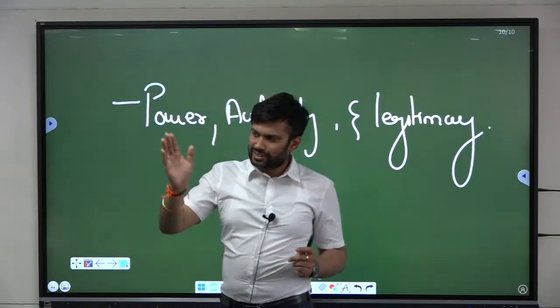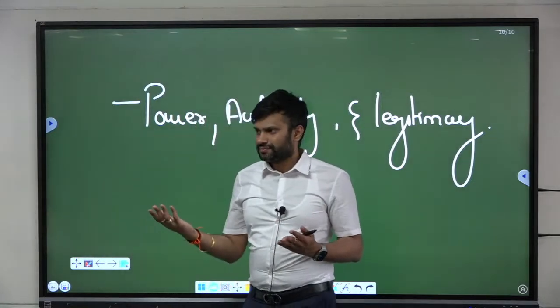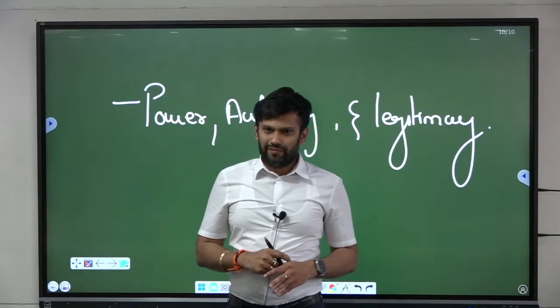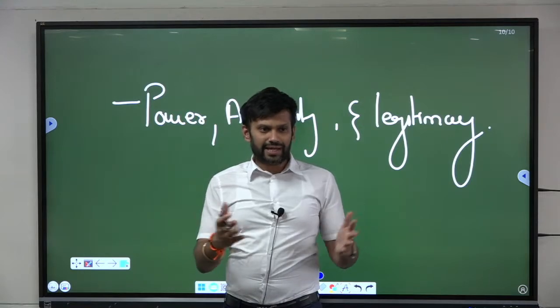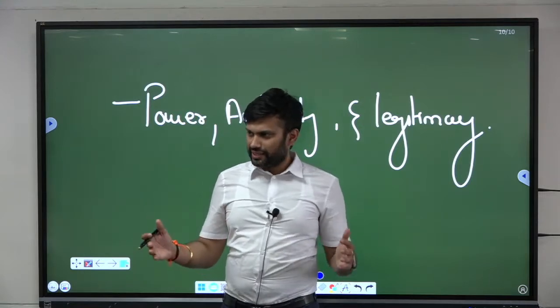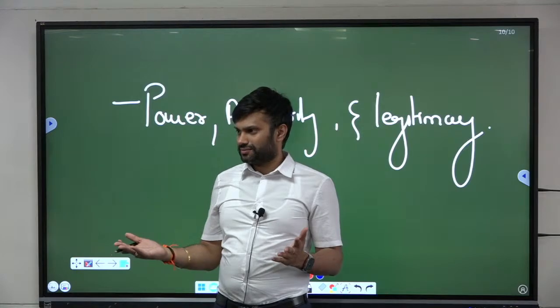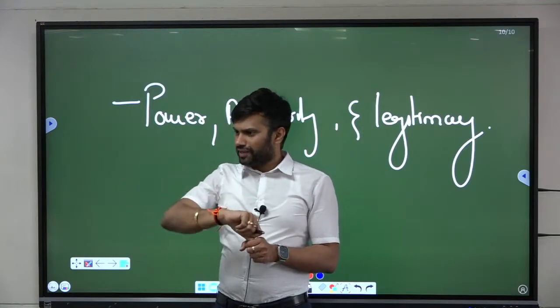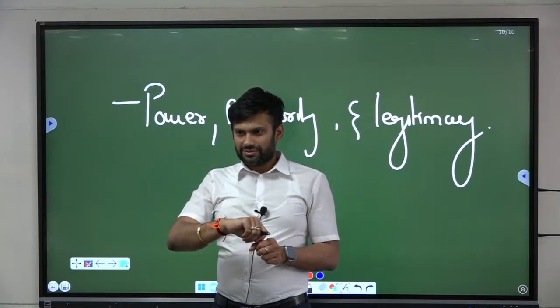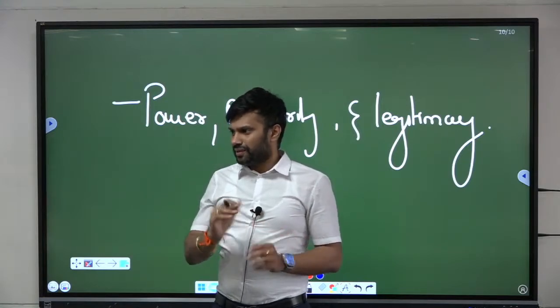Then we will be studying what is the difference between power and authority. There is a popular saying, if power is a naked sword, authority is a sword in its scabbard. The meaning is that when you put the covering for the sword, that is called a scabbard. Power and authority is simple.